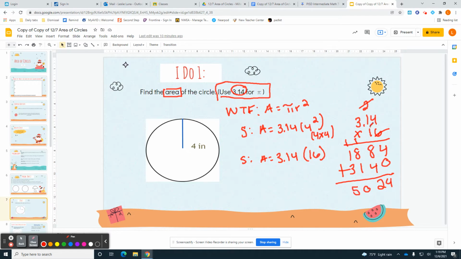And you have 2 decimal spaces. That means you're going to have 2 decimal spaces. So the area would be 50.24 inches squared, because if you remember from our warm-up, it said area is always going to be squared. Okay.